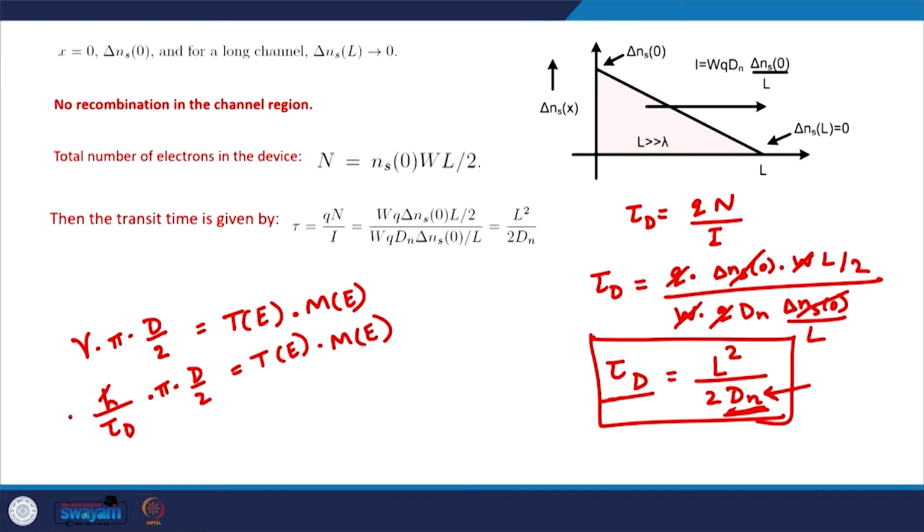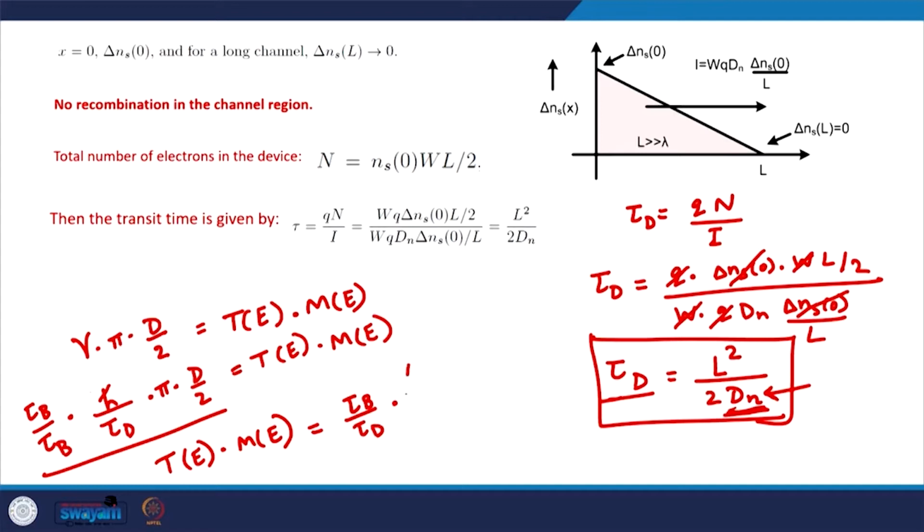If we multiply and divide by tau b on the left side, then this can be rewritten as: let us bring the right hand side to the left side, Te times Me is equal to tau b divided by tau d times h bar by tau b times pi times d by 2.